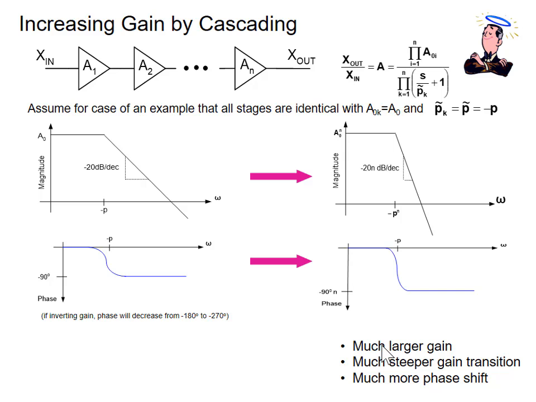So if you have 3 stages, you'll be down 9 dB at this frequency. If you back off just a little bit to the left, you'll be 3 dB down. So the 3 dB bandwidth is just slightly less than the original pole frequency of the first stage. Yeah, right. If the stages are all the same, it'll be a little bit less than that pole frequency. Okay.